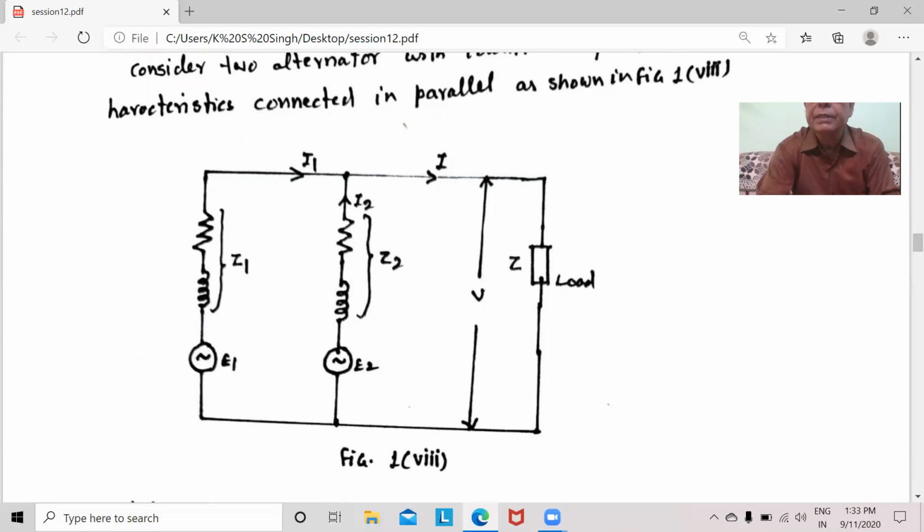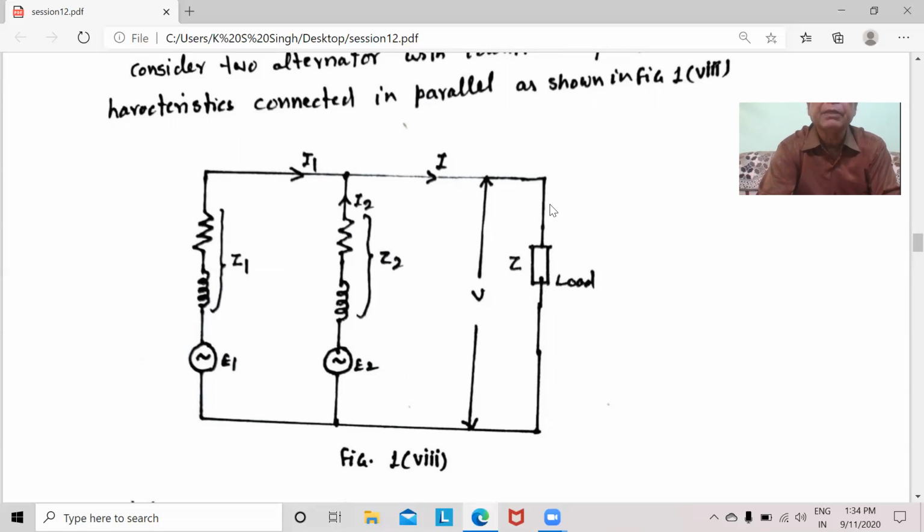If the speed of both alternators is the same and both are excited with the same excitation current, the voltages E1 and E2 of both alternators are the same. Then what will be the current flowing in this inner loop? This will become zero because E1 and E2 are equal and opposing each other.